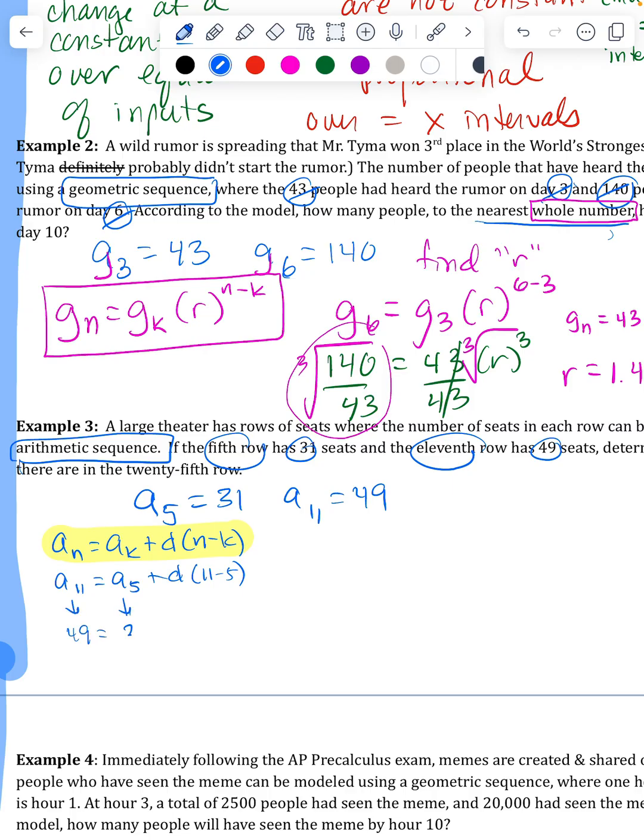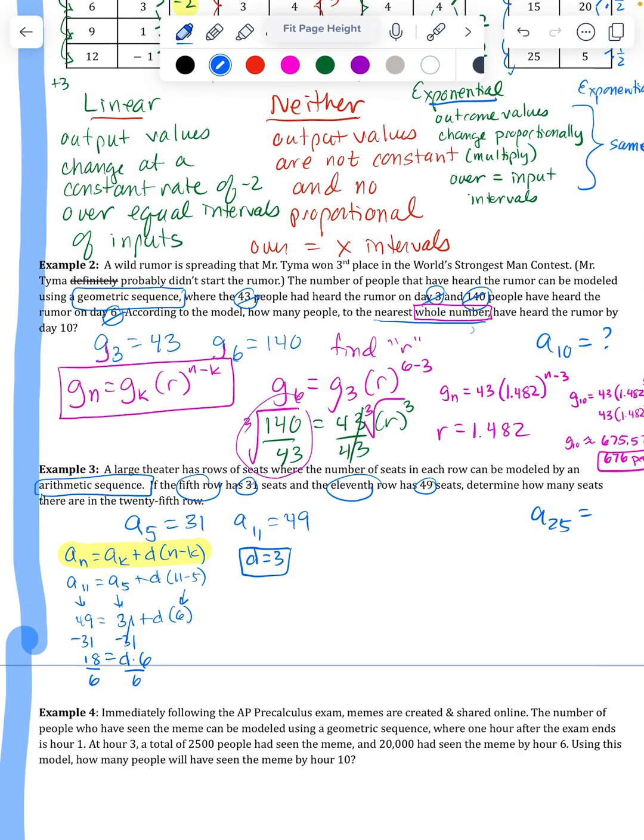I know the 5th term is 31. I do not know the common difference, but I know I'll use it 6 times. So if I keep going in my solving, I end up here with 18 equals D times 6. So my common difference is going to be 3. And that's positive, so I'm increasing the number of seats I have.